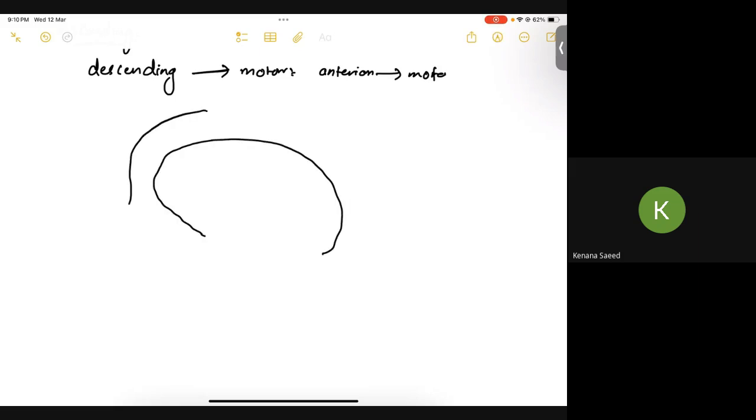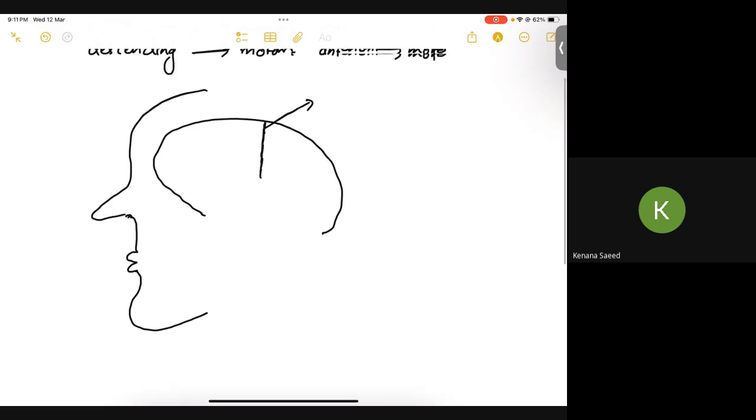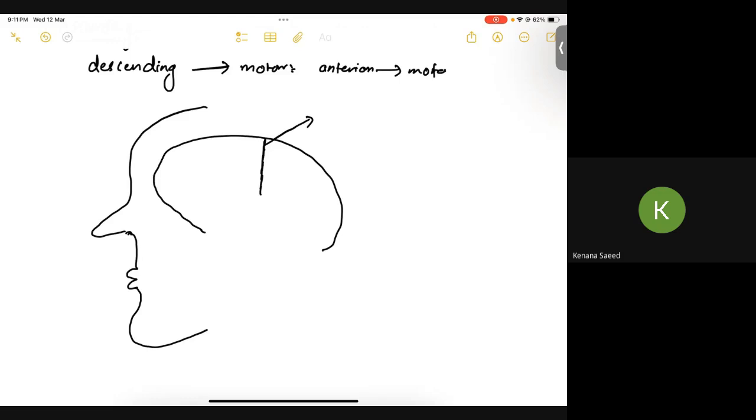So you have a central sulcus, a big sulcus which divides your cerebrum in between. This dividing fissure-like structure is known as the central sulcus, right? The area posterior to the central sulcus is sensory in nature, right?